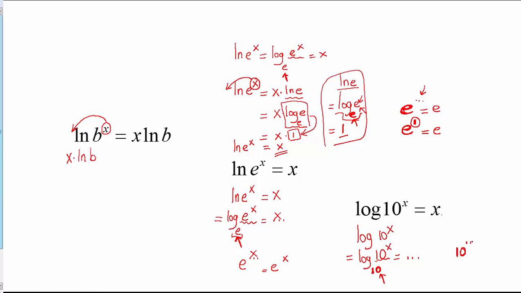Which power should I put on the bold 10 in order to get the quantity inside the log, which is 10 to the x? Let's put the power x on that bold 10, so both sides will say 10 to the x. So which power of bold 10 will give me 10 to the x? The answer is x.